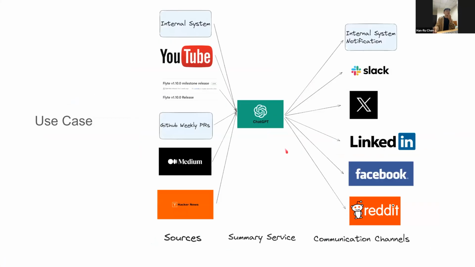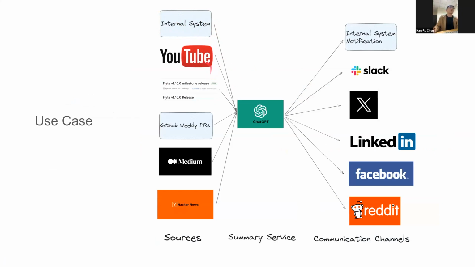These are just some use cases, but there are lots of use cases. For example, an internal system as the source, because in very many big companies there are lots of notifications for workers, and you can manage your internal system with Flyte and ChatGPT summaries.